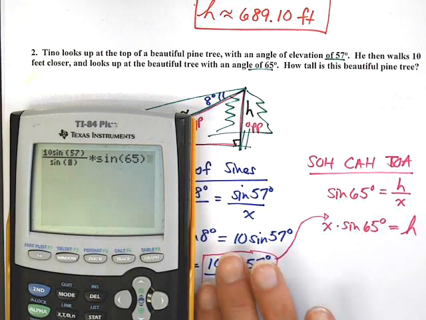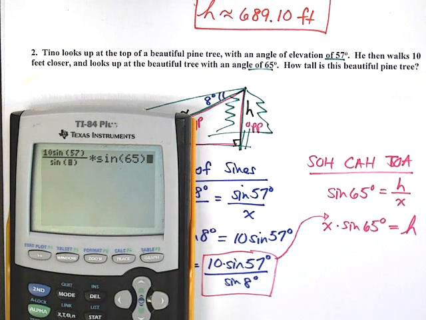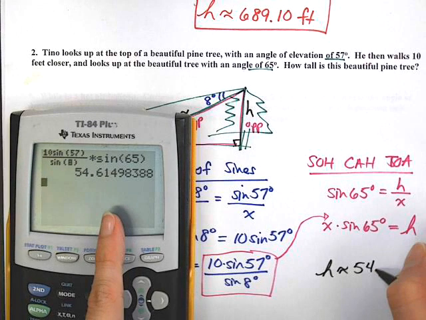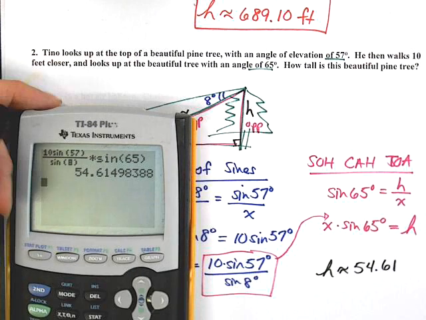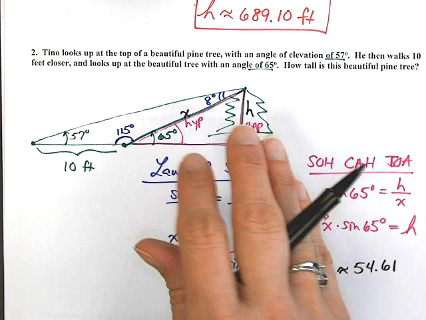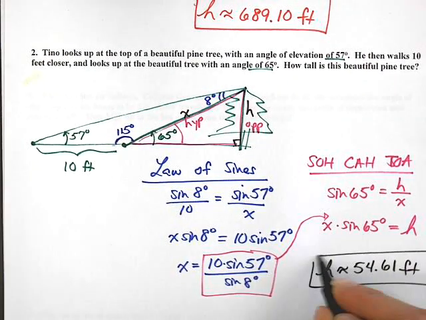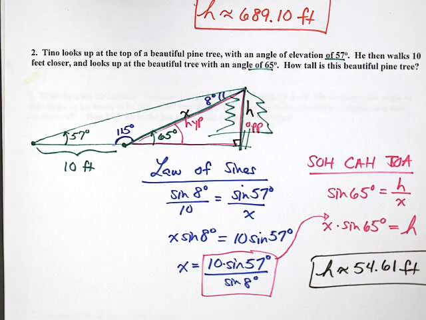Okay, so I haven't chopped anything until the very, very end, and the height for this problem is approximately 54.61. How about some units? This is feet. Feet, that makes sense for a tree. Okay, total answer, nicely rounded at the end.